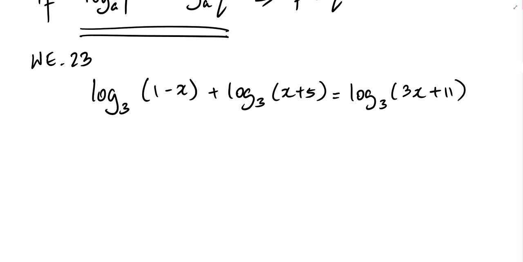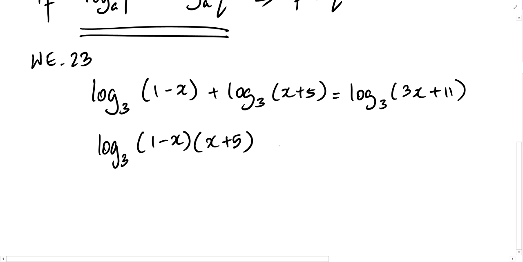If I want to do it without skipping steps, what is my first step? Log base 3 of (1 minus x)(x plus 5) equals? Which law are we using? Product law.